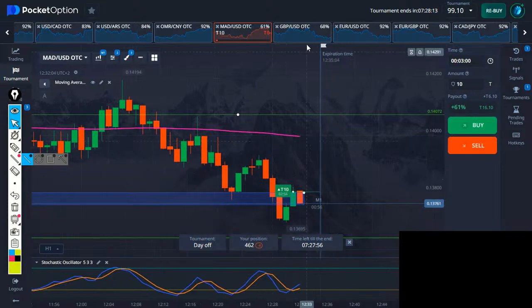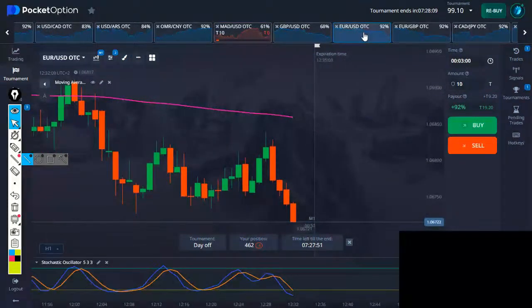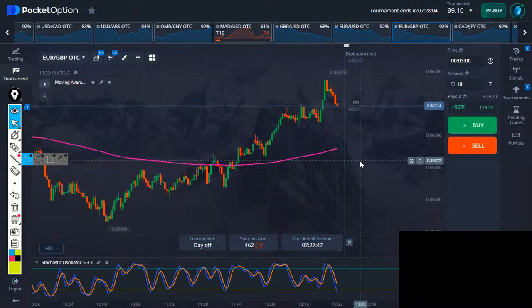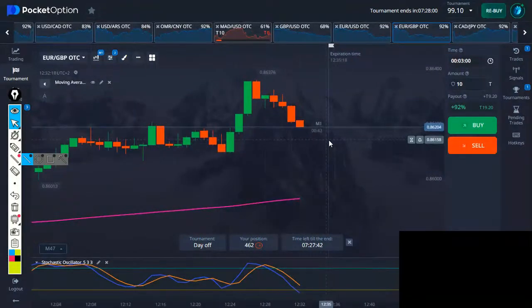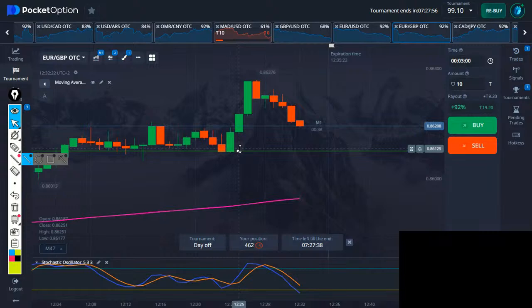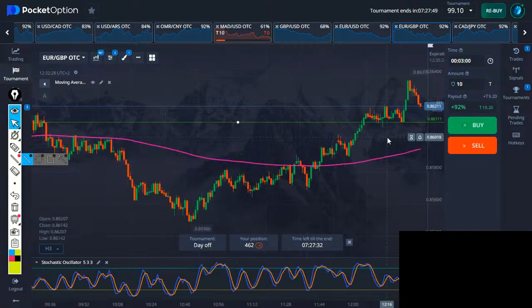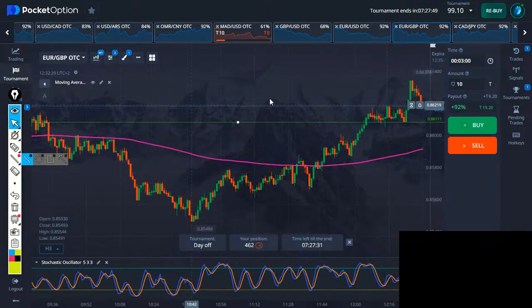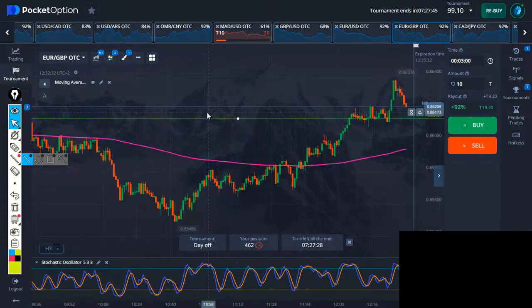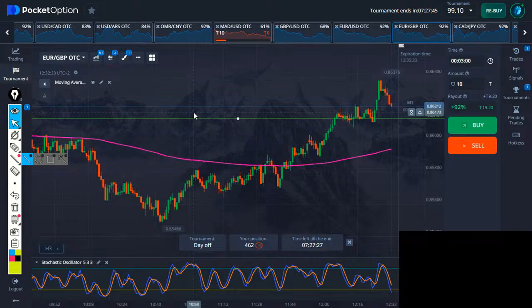Okay, let's look for another opportunity. This is nice. I'll wait for a buy here. Let me mark this support area. Do we have something here? We have a supply zone.